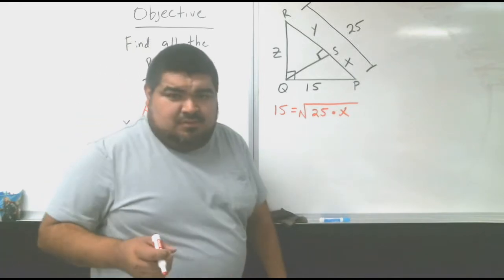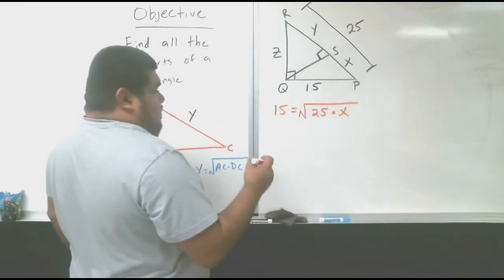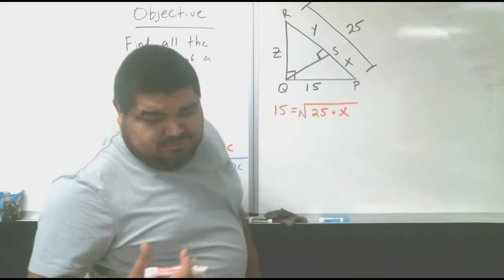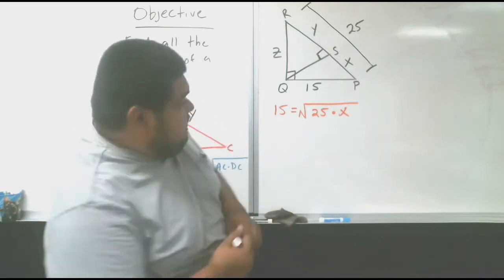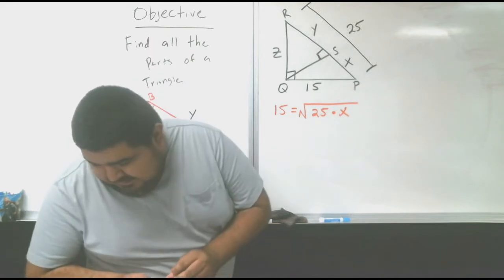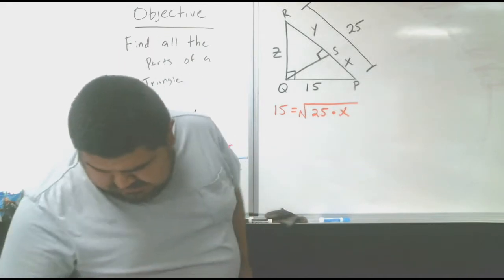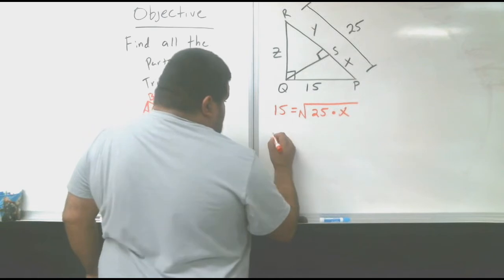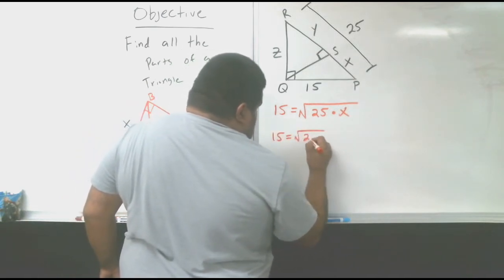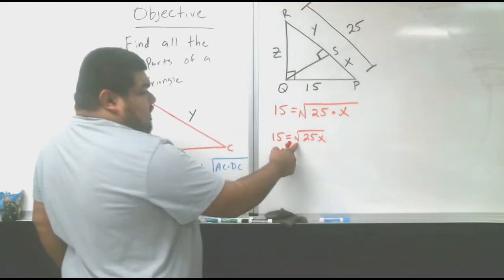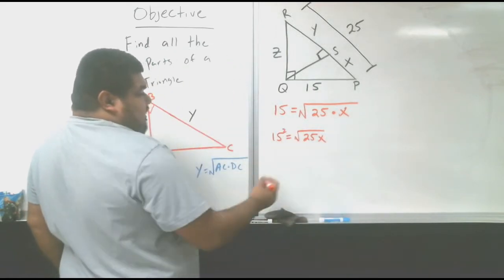Now we can actually solve for this piece of the triangle, which is 15 equals the radical of 25x. We get rid of the radical by squaring the other side.